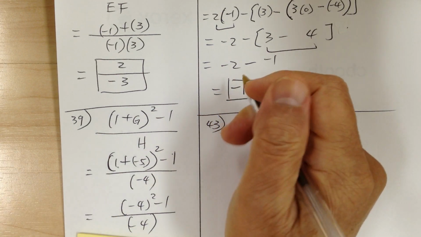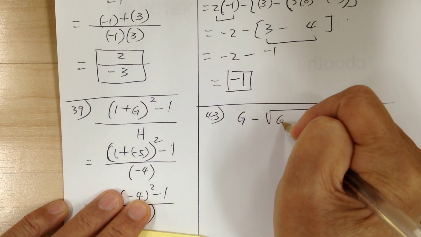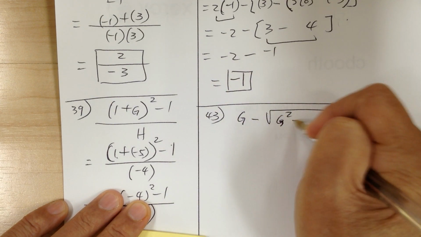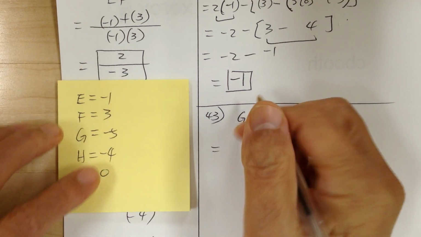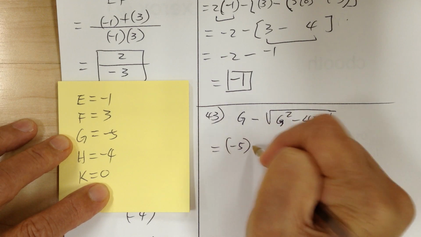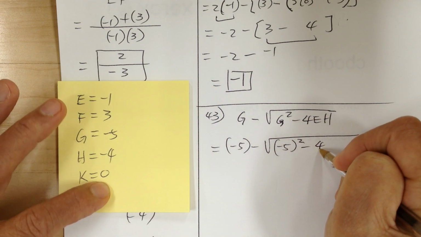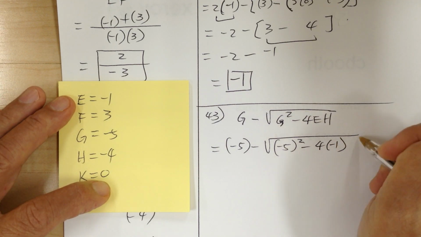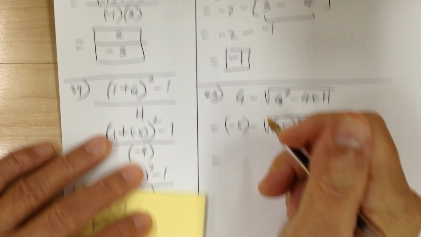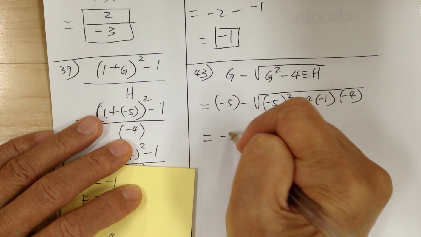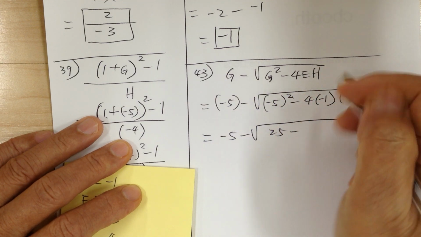Okay, 43. You have g minus square root of g squared minus 4eh. Let's substitute. So g is -5, so -5 squared minus 4, e is -1, h equal to -4. First let's take care of the parentheses. So this is -5 minus square root of -5 squared, which would be 25.